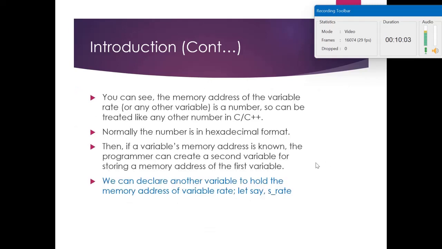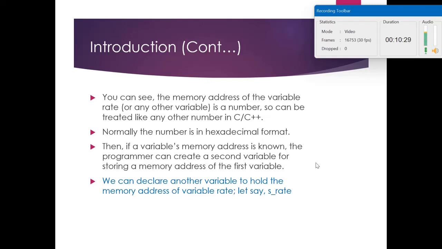If a variable's memory address is known, the programmer can create a second variable for storing the memory address of the first variable.